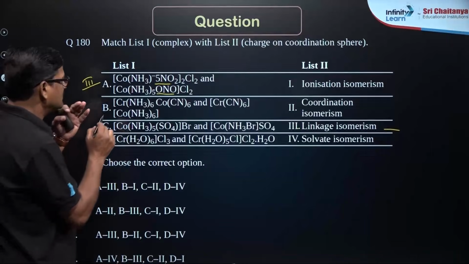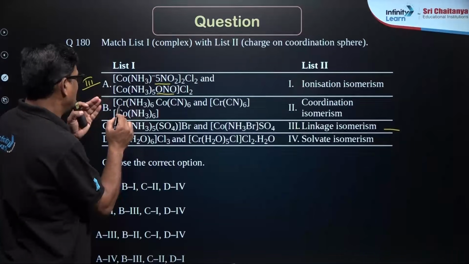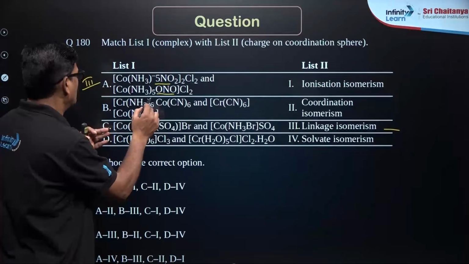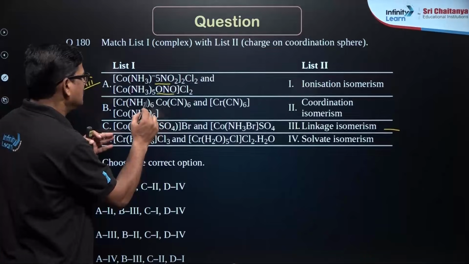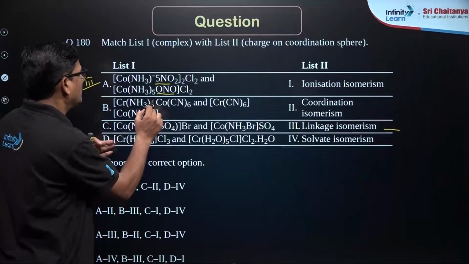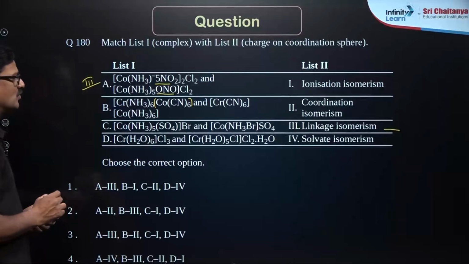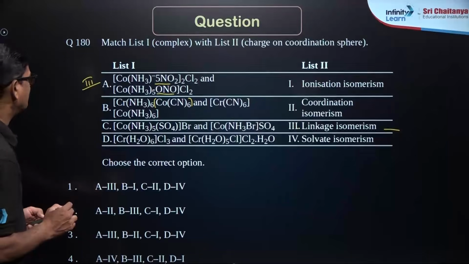And you can see these, Cr(NH3)6 Co(CN)6, these are coordination isomers, and this shows coordination isomerism.